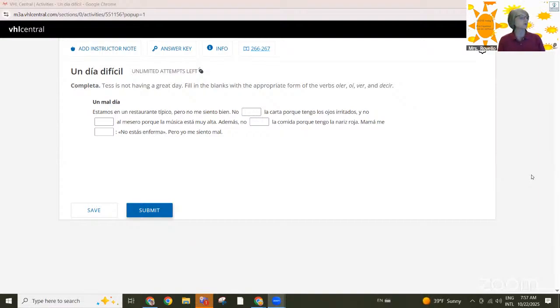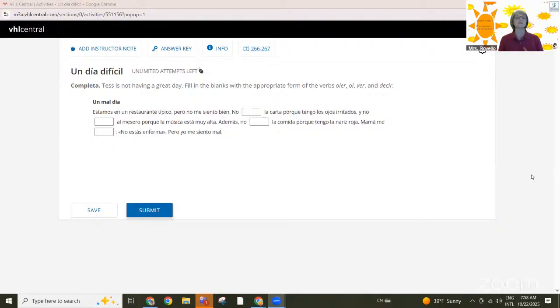Just what do you think is going on here? The person talking says, no blank la carta porque tengo los ojos irritados. What are ojos, clase? ¿Qué son los ojos? Eyes. And they are irritados. What does that mean? Irritated.